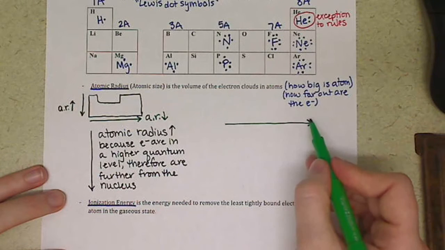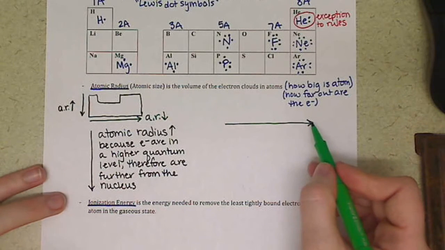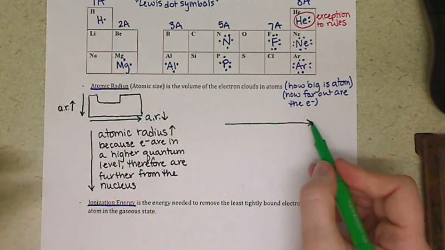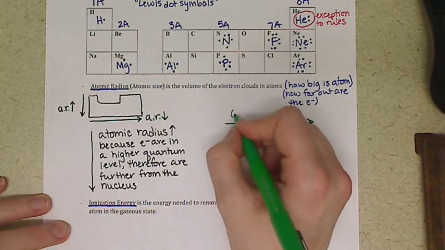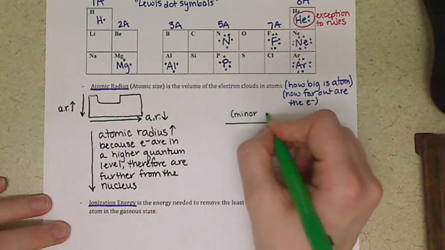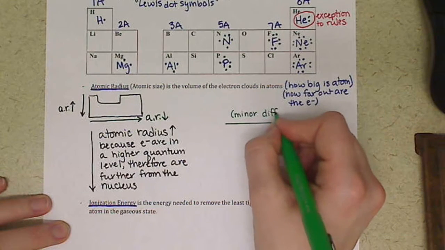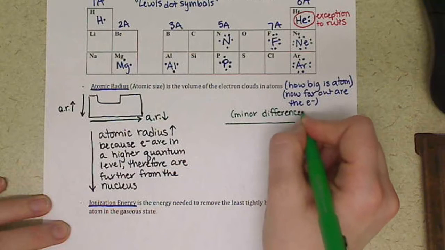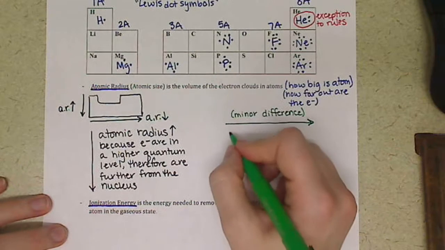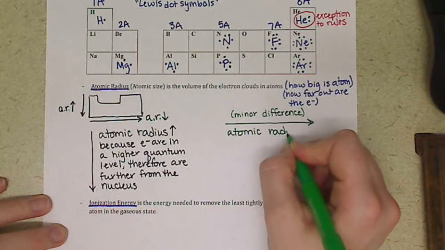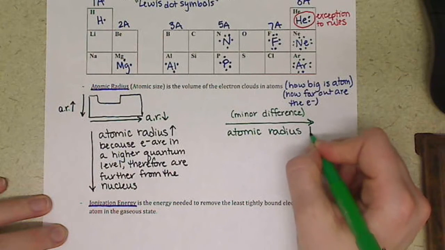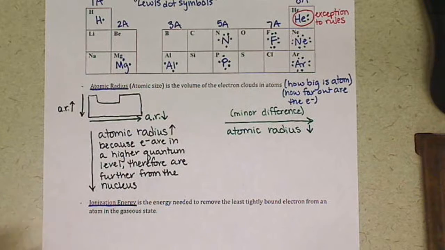It's a much smaller change than what's happening going down the table. Okay, so this is a minor difference. So our atomic radius is going to decrease as we move from left to right.